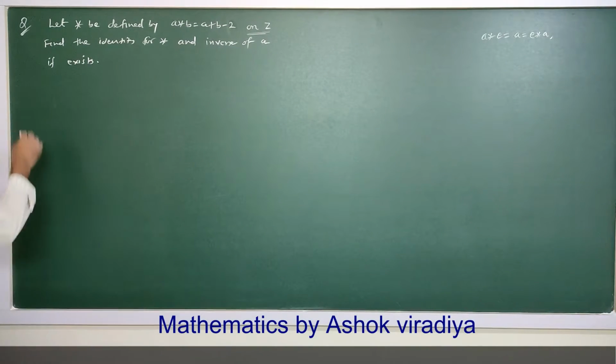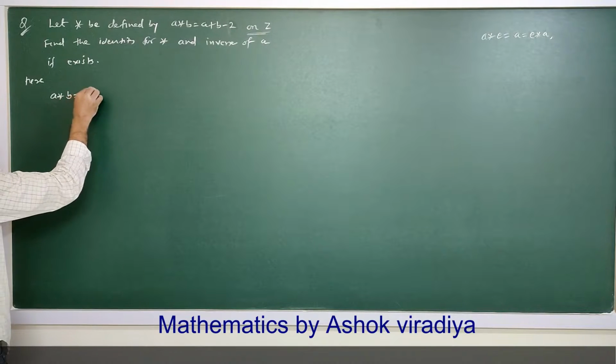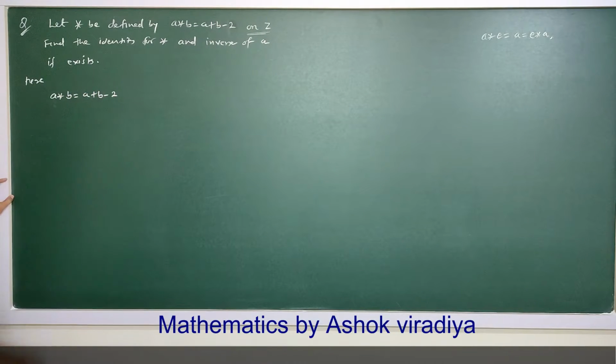So here star is defined by A star B is A plus B minus 2.